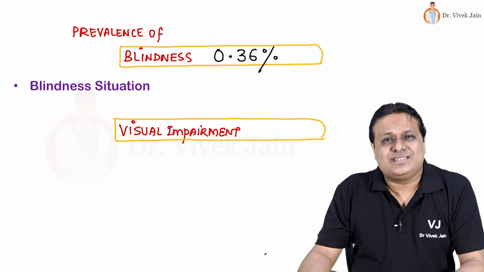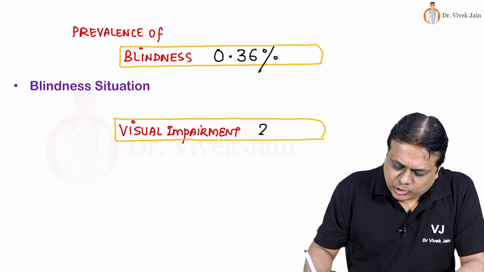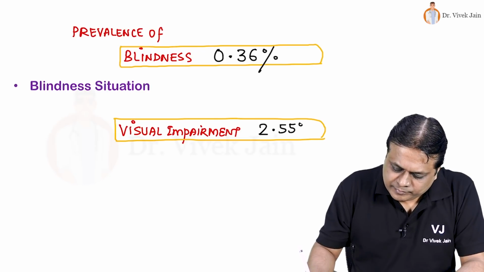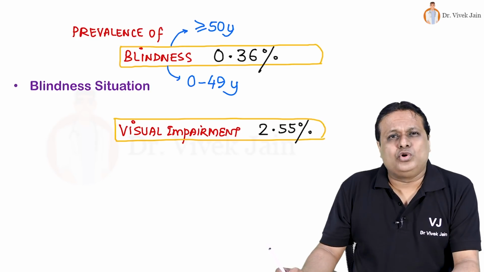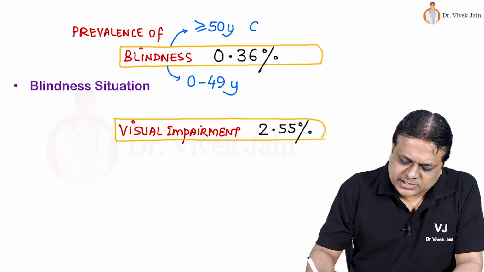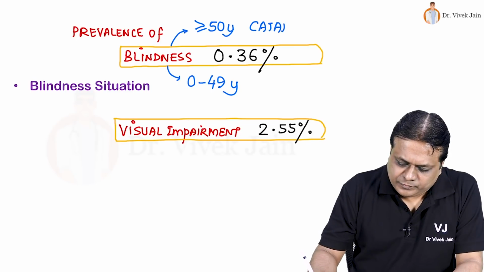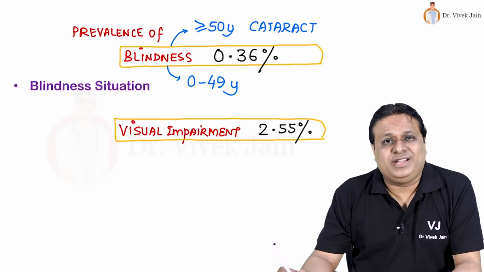When we look at visual impairment, VI, its prevalence has been recorded to be 2.55% in our population. Most common cause of blindness in our country, just like globally, is cataract, which is of course predominant in age above 50 years.